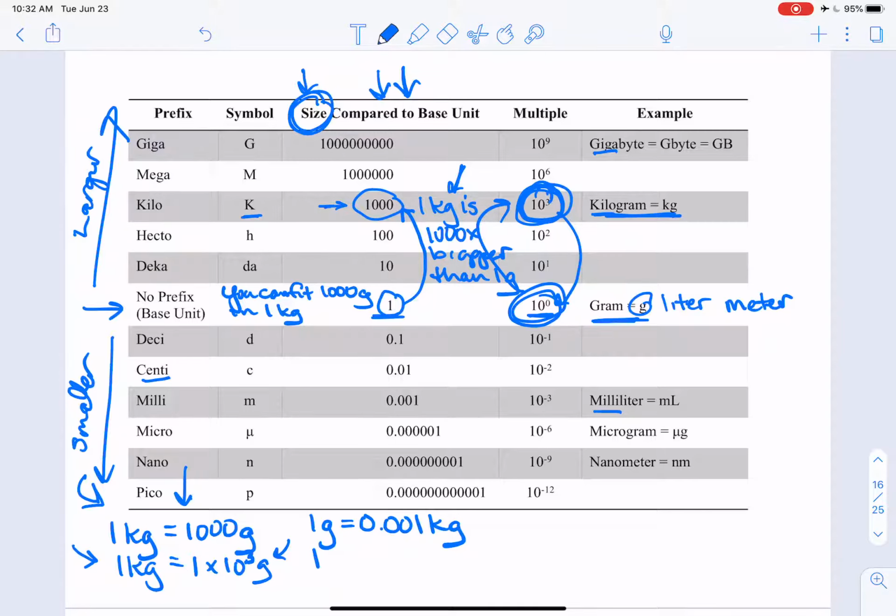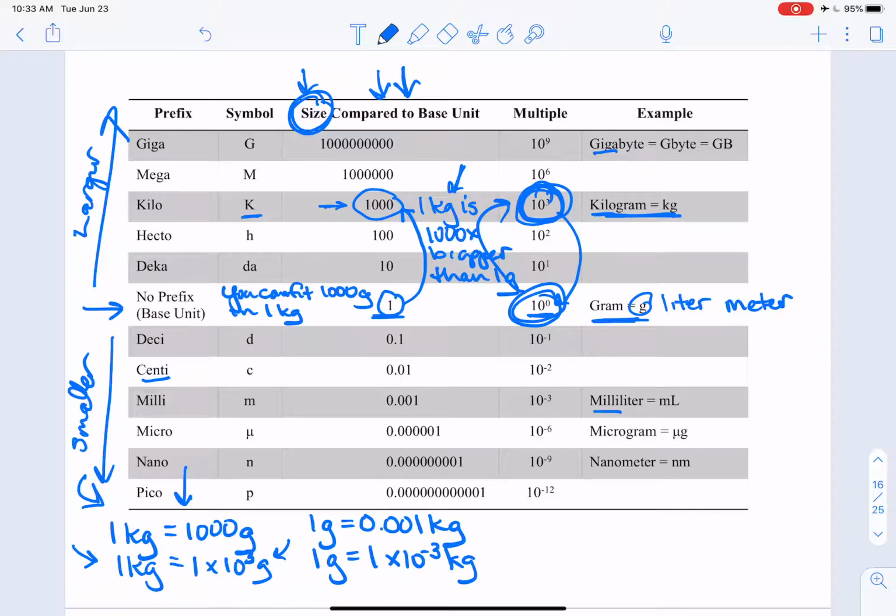Another way we could write this is 1 gram is equal to 1 times 10 to the negative third kilogram. But all of these things are saying exactly the same thing. We're just writing it in a different way. And the reason why I'm doing this is because you guys will see it in all of these different versions.